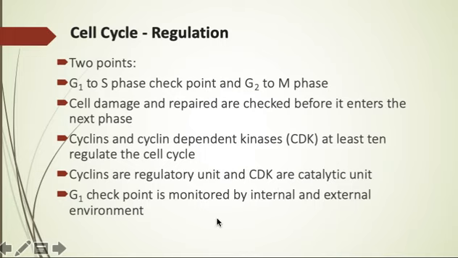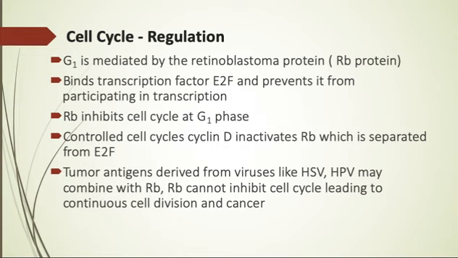So the G1 is a checkpoint, monitored by internal and external environment. Okay. So the G1 is mediated by a retinoblastoma protein, or we call it as RB protein. So it binds to the transcription factor E2F and prevents it from participating in transcription. So what happens here? The RB inhibits the cell cycle at the G1 phase.